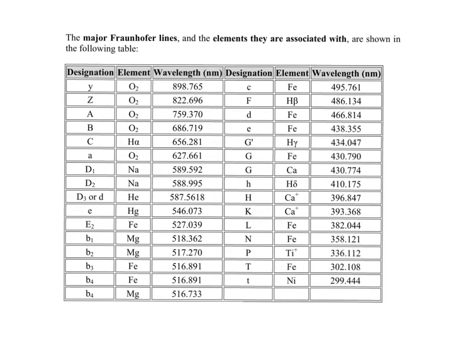So by the time the electromagnetic radiation from the sun reaches the surface of the Earth, there has been a double absorption.